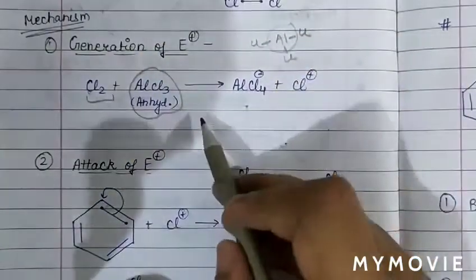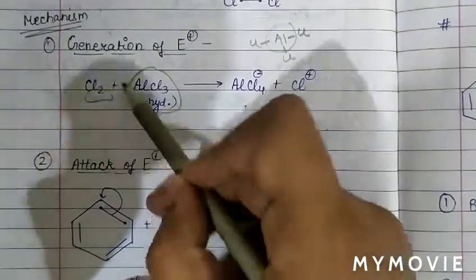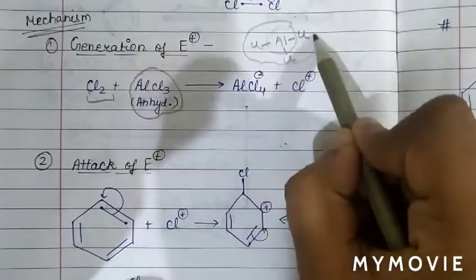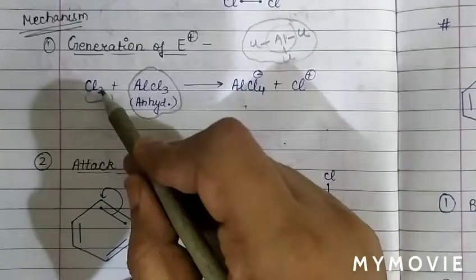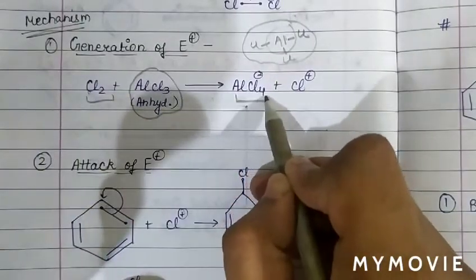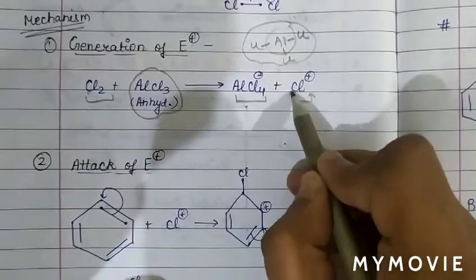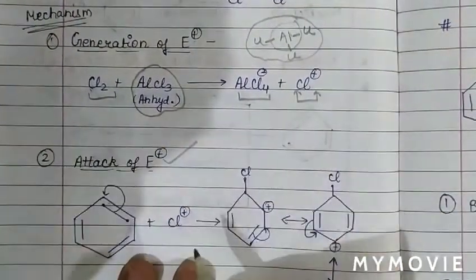So one Cl will be attached to AlCl3. After gaining one Cl minus ion, it forms AlCl4 negative, and there is generation of the electrophile Cl positive ion.